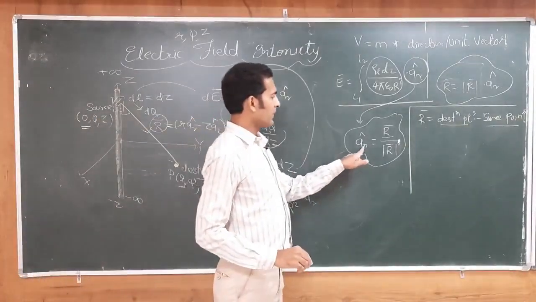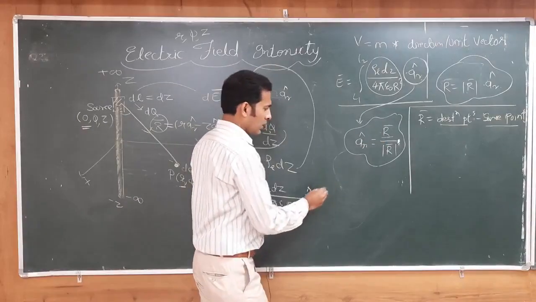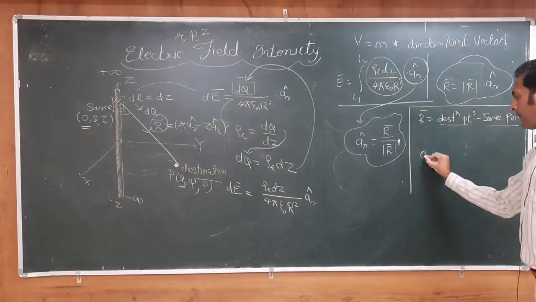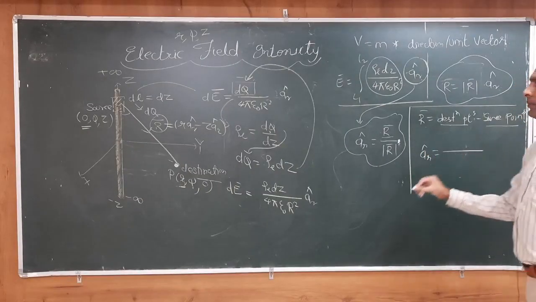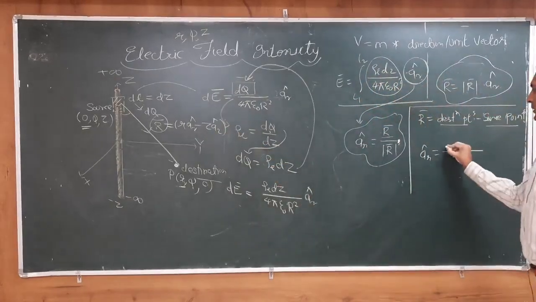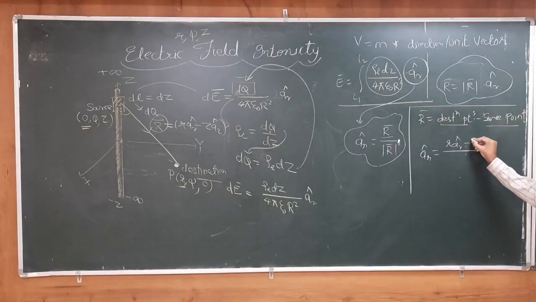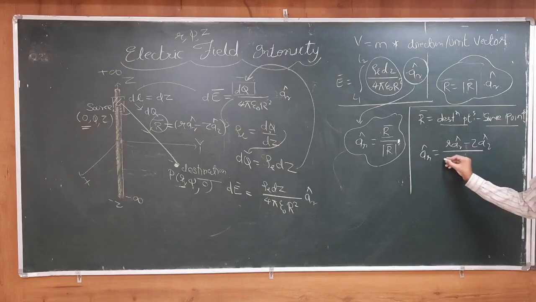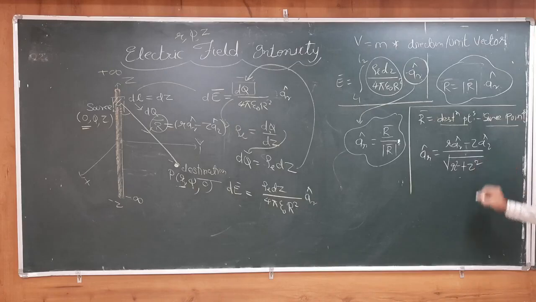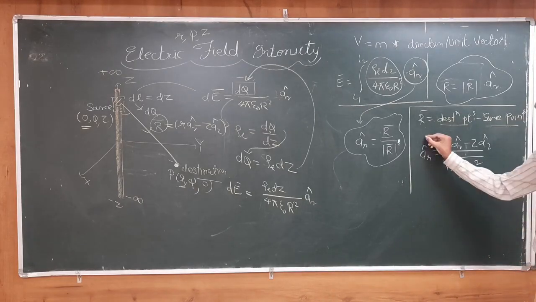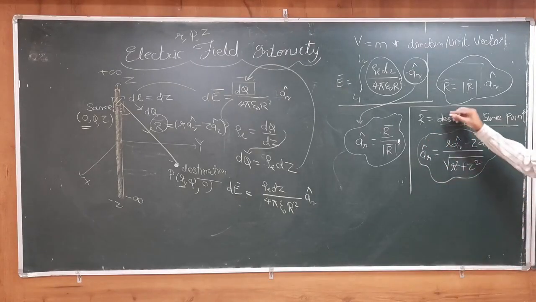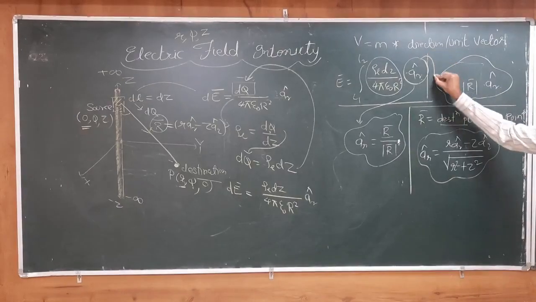So here we will write R bar in this place. a_R cap will be R bar, that is r a_r cap minus z a_z cap, divided by the mod of R bar, which is the square root of r squared plus z squared. So this is nothing but a_R cap. This a_R cap we have to put in place of this a_R cap.